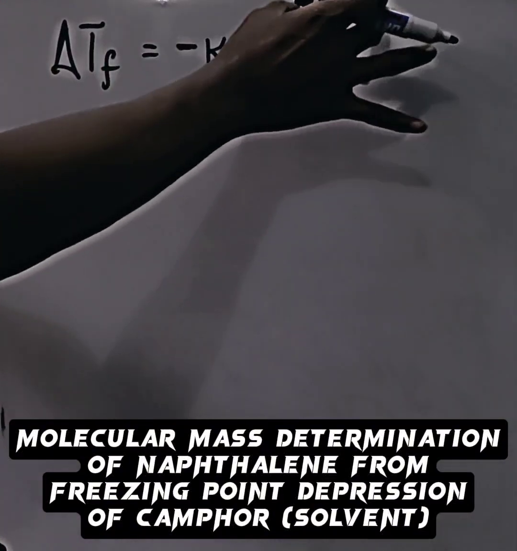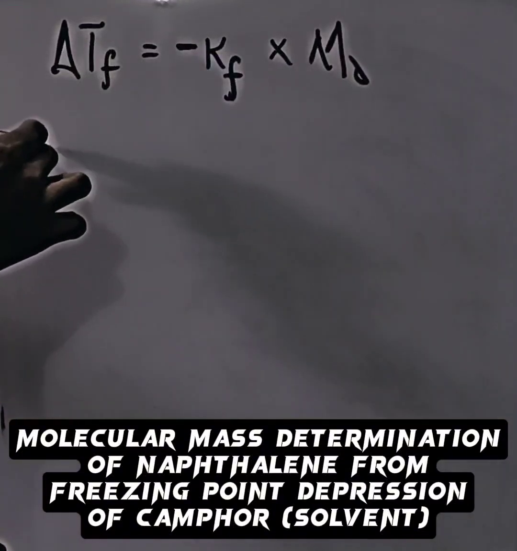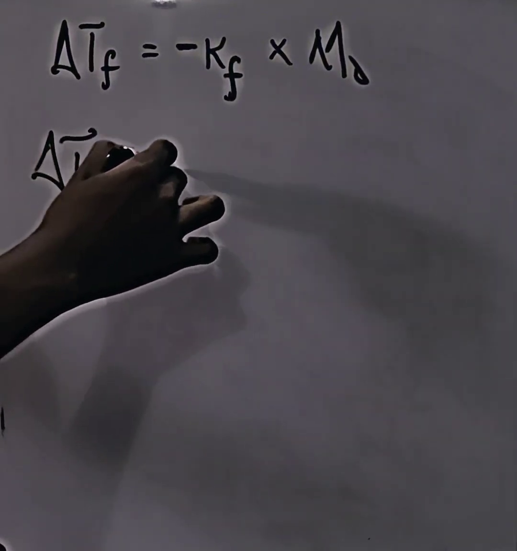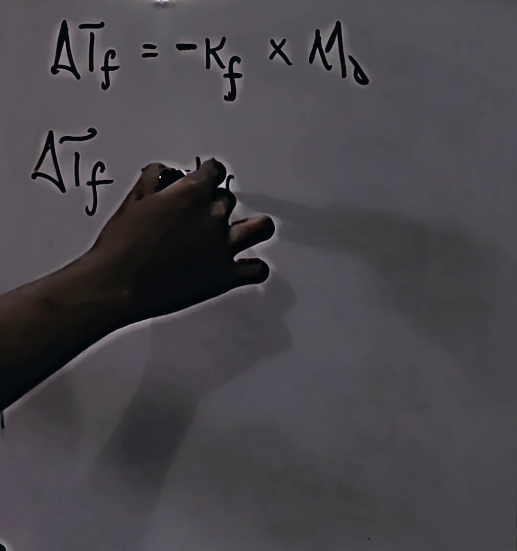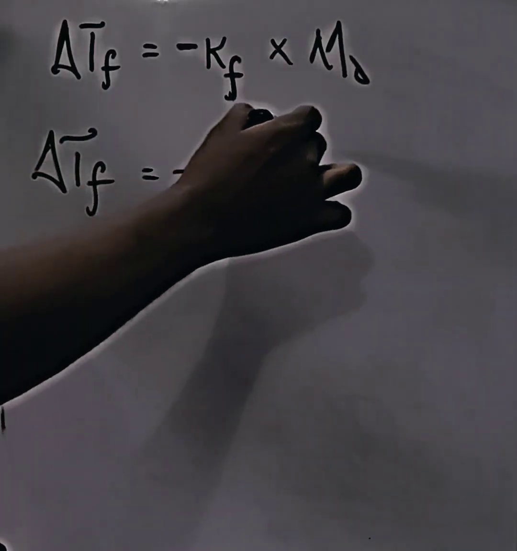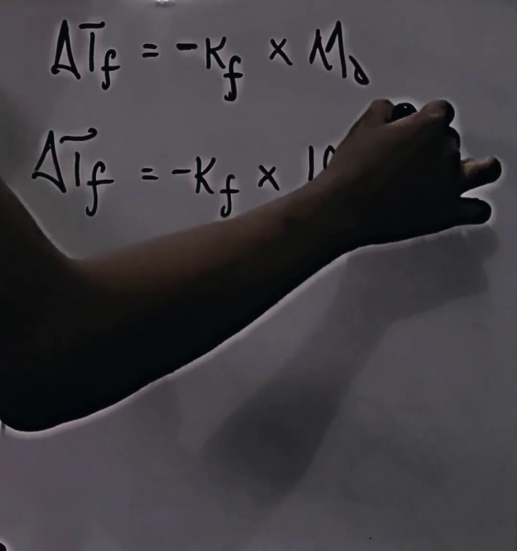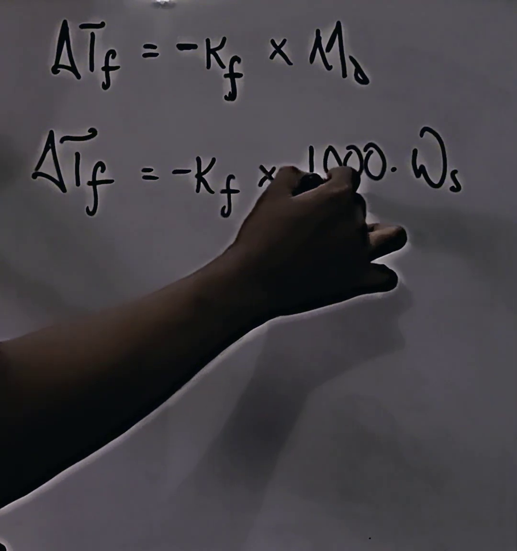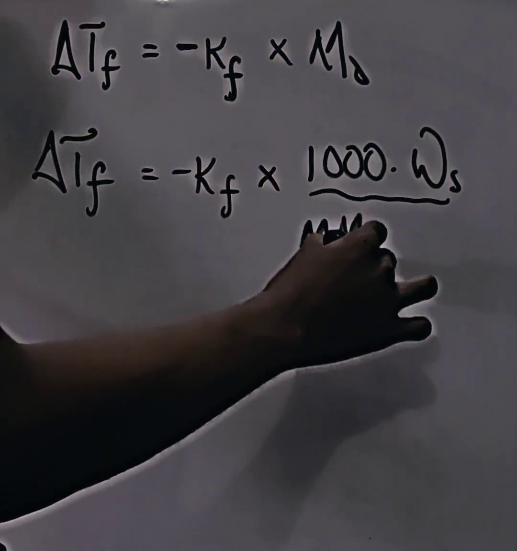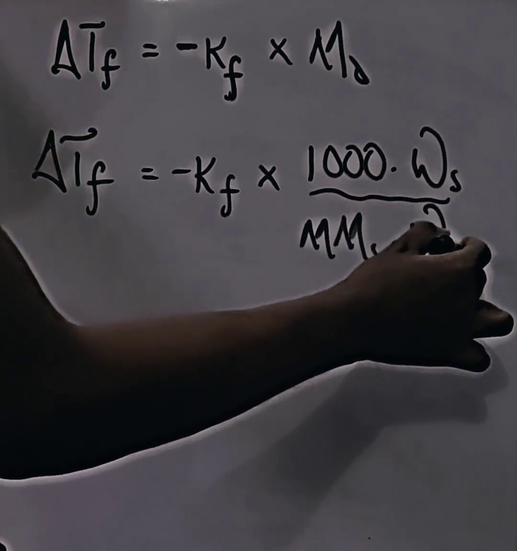So we're going to substitute our expression of molality into this equation. So I'm going to have freezing point depression equals freezing point constant multiplied by molality. And the expression we had was 1000 weight of solids divided by molecular mass of solids multiplied by the weight of solution.